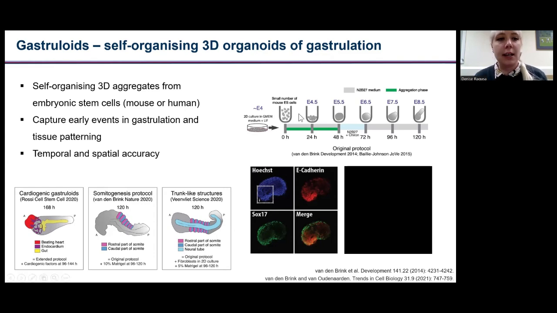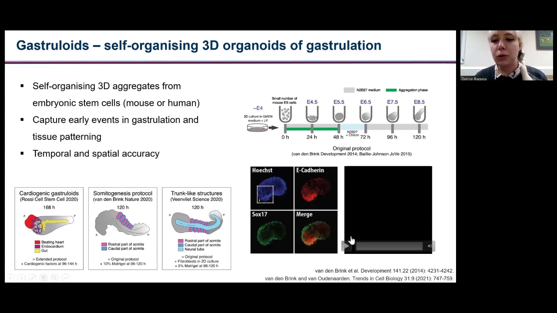So they capture really early events, and more importantly, they are temporally and spatially accurate. In fact, if you see some of the stainings of the original protocol by Van den Brink et al., you can see that these 3D aggregates are not uniform. They have specific patterning of temporally and spatially accurate markers of different layers of development.